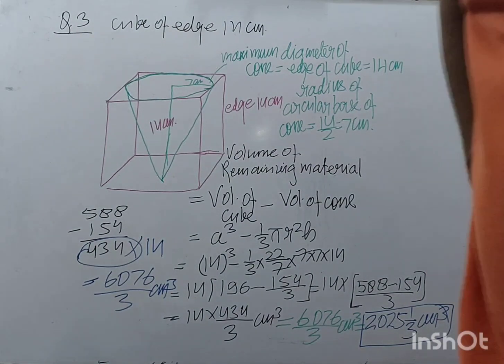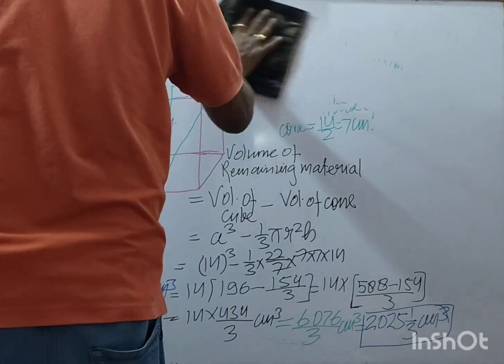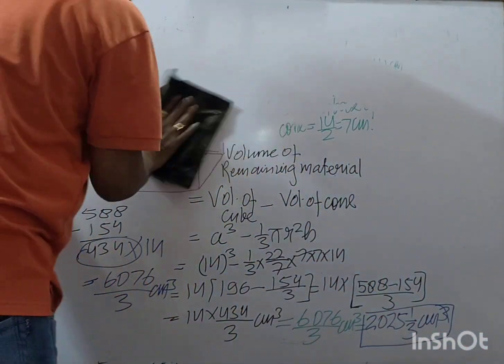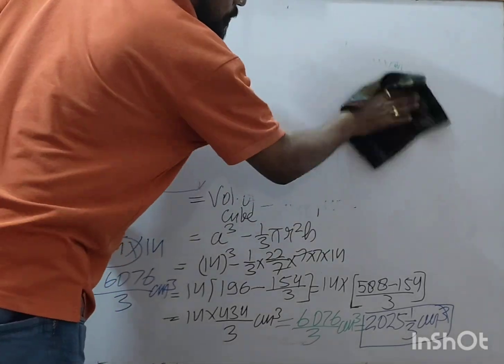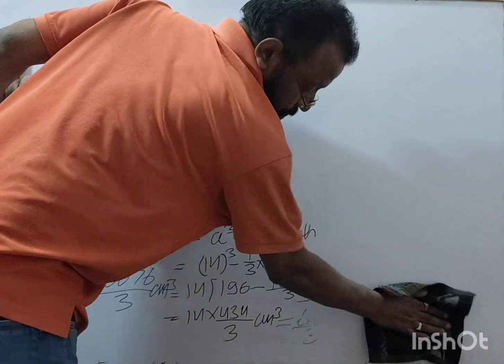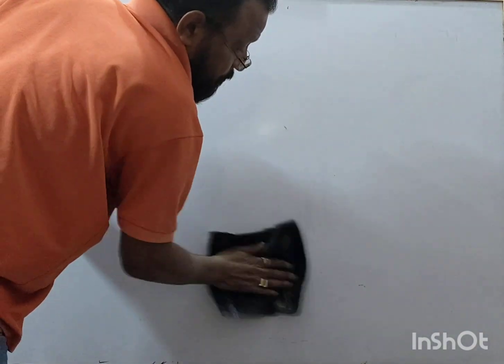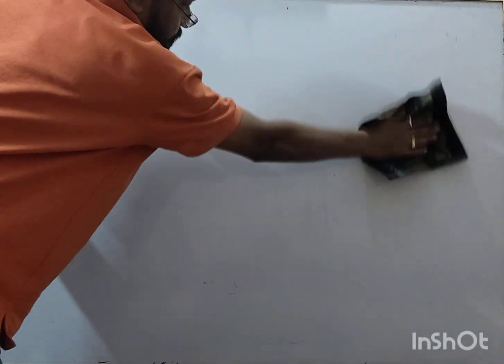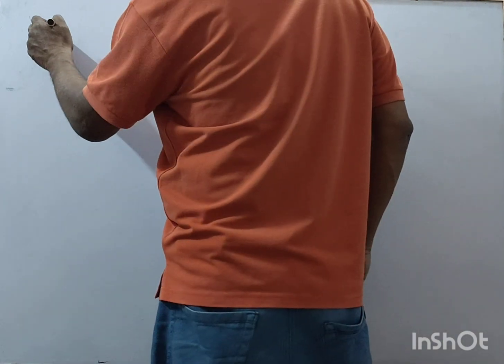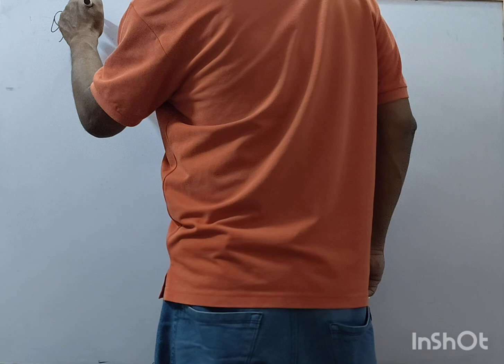So next is exercise. What is that? Cylindrical can. Question number 24. What is that?